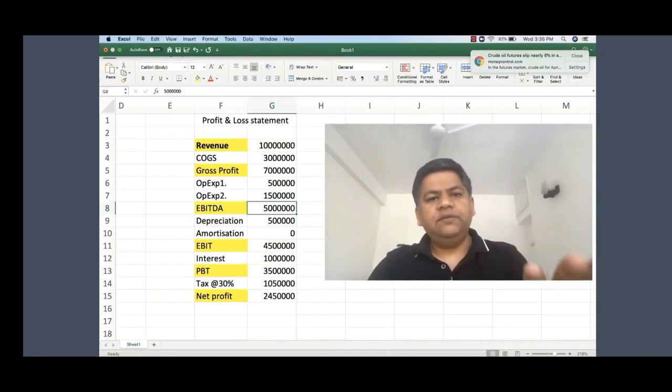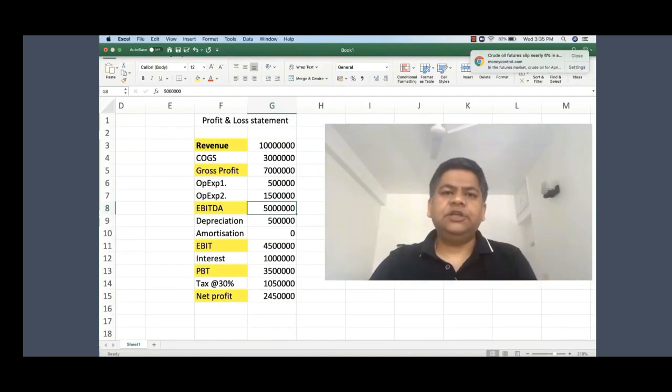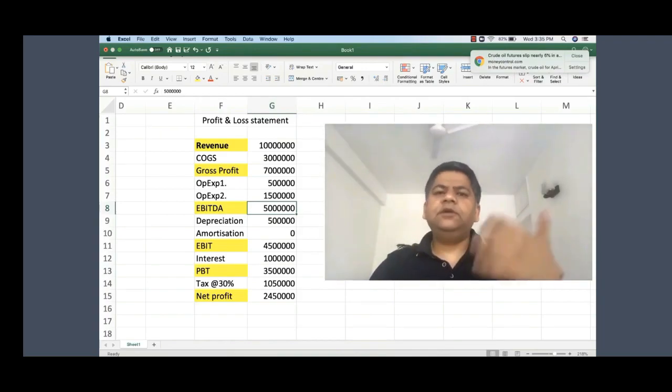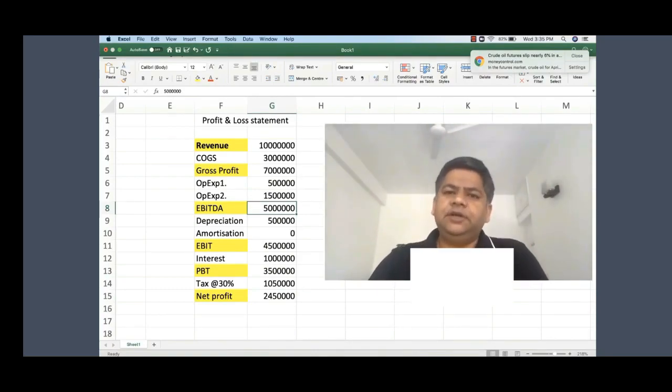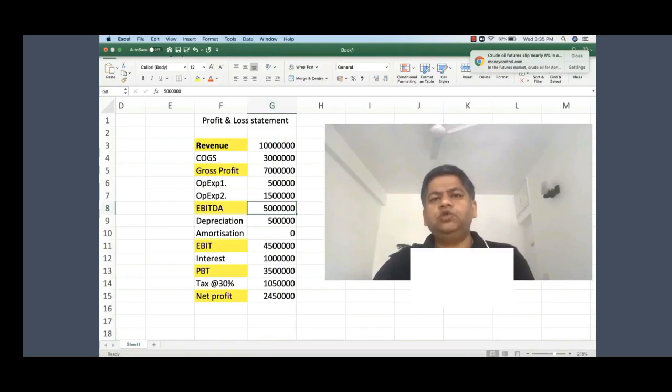One where we will see how exactly a profit and loss statement looks like, and another where we will see the profit and loss statements of different companies on Moneycontrol and screener.in. So those will be the latest examples.